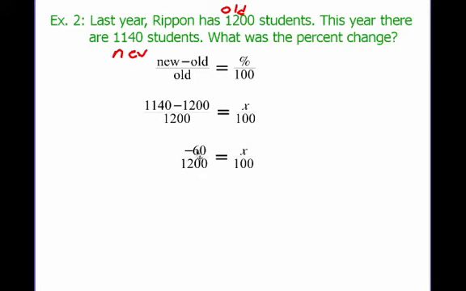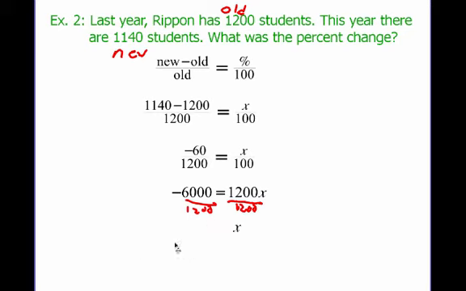Now we can see the negative here, so we know we're going to have a negative answer, and that this is a decrease, which makes sense because the population went down. Cross multiplying, 100 times negative 60 is negative 6,000. 1,200 times x is 1,200x. Divide both sides by 1,200, and we get an answer of negative 5%.